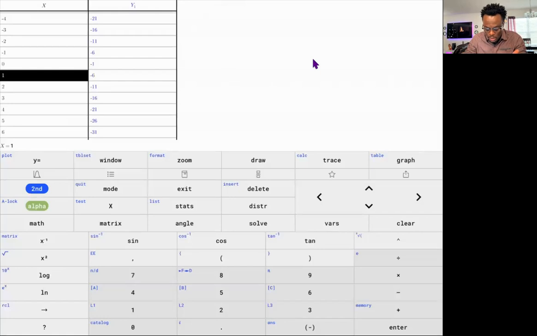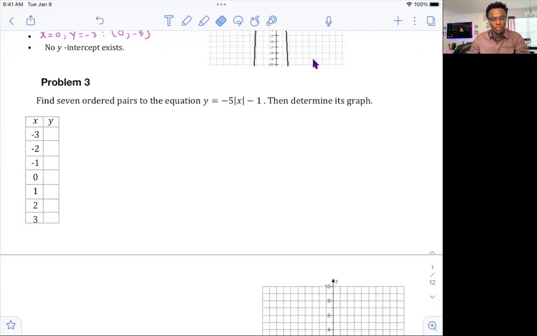And as you can see, for X equals -3 it is 16, X equals -2 is 11, and so on. You can see the values. So we're going to enter these values in the table that we have on the problem.